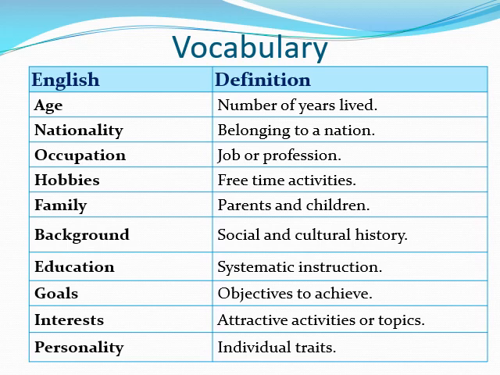Systematic instruction. Goals. Objectives to achieve. Interests. Attractive activities or topics. And lastly here, personality. Individual traits.